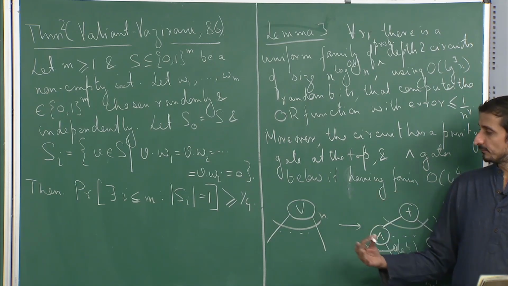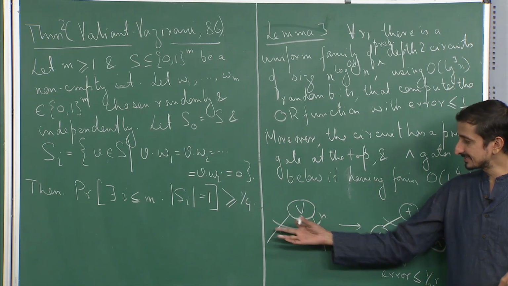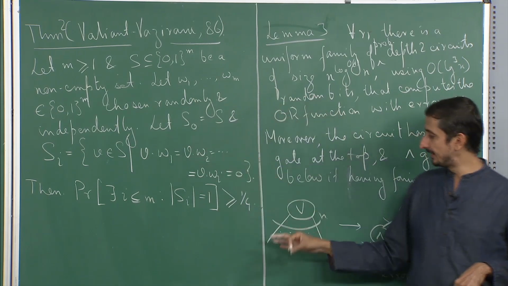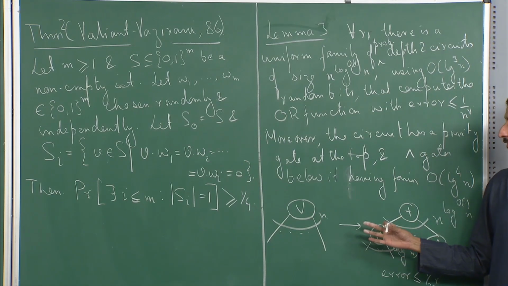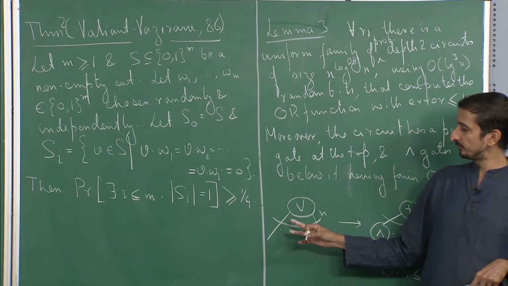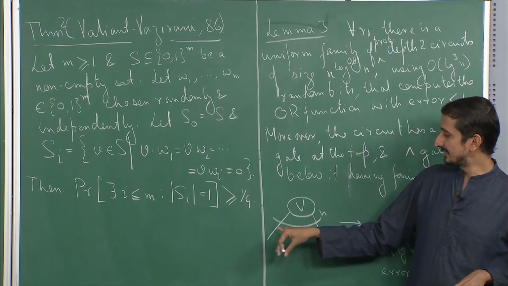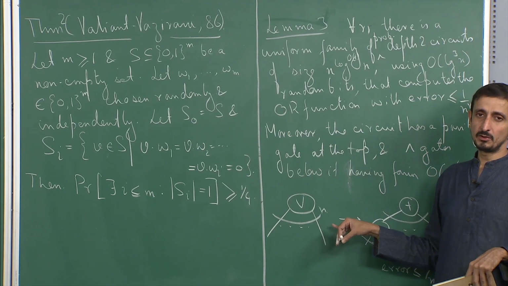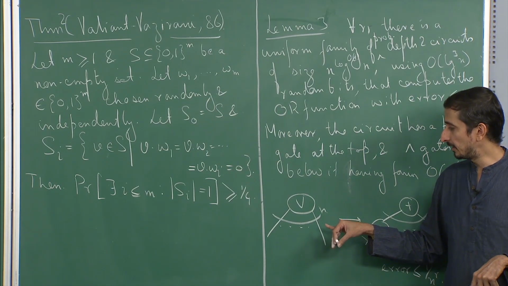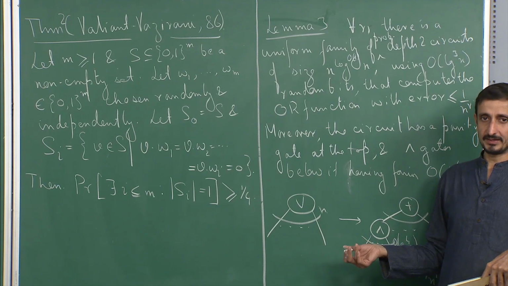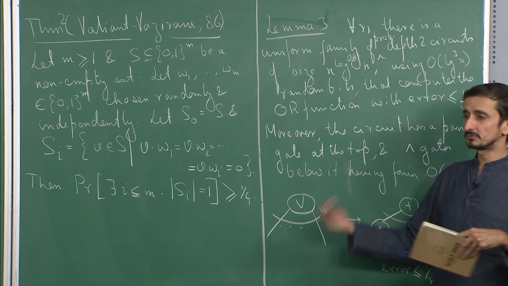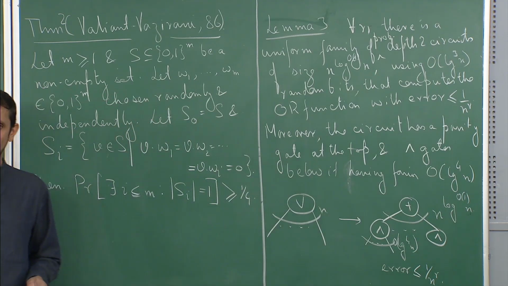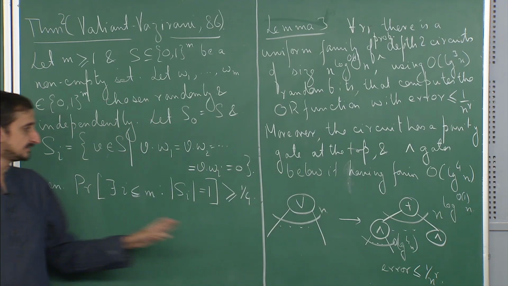Now instead of saying that some of the inputs are 1, we will use this result and convert this into a circuit where exactly one of the inputs will be 1. We'll set S to be the set of all those x_i's which are 1. Suppose the OR gate evaluates to 1, it means there exists at least one input which is 1. We don't know how many of them there are, but there is at least one.